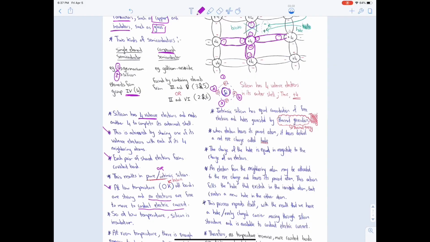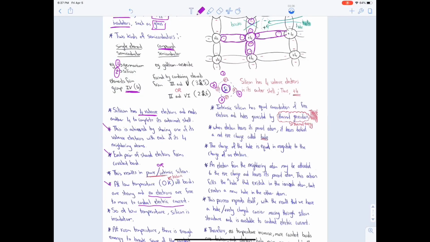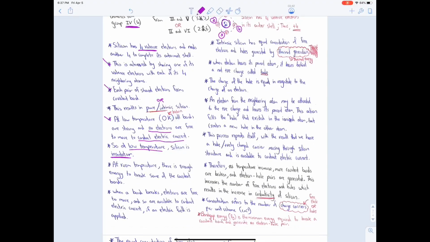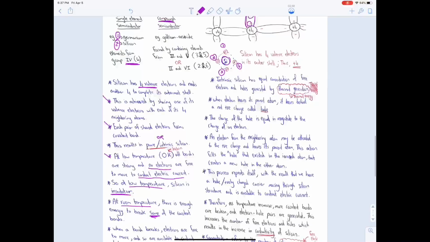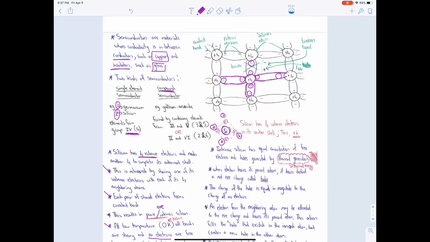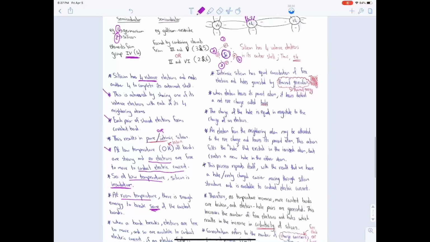That's at low temperature. So at low temperature, silicon is what? It's an insulator. There are no electrons to conduct electric current. At room temperature, there's enough energy to break some of the covalent bonds. So when some of the covalent bonds are broken, some electrons are free to move.